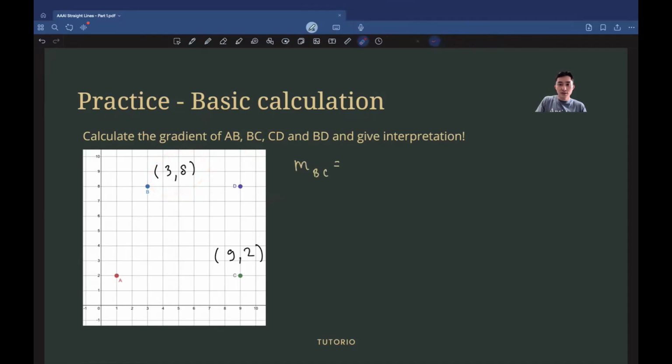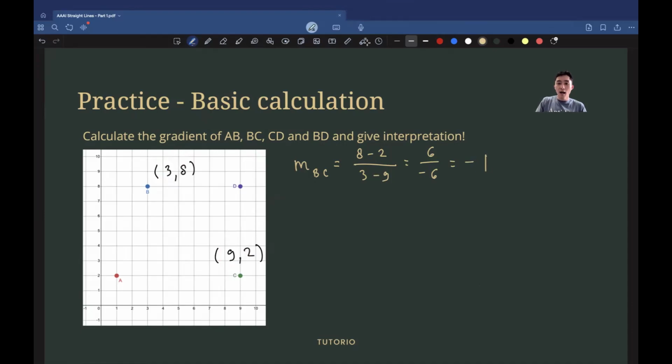Let me choose this as point 2 again, and this as point 1. So 8 minus 2, because it's y2 minus y1, over x2 minus x1, which is 3 minus 9. So we get 6 over minus 6, which is minus 1.